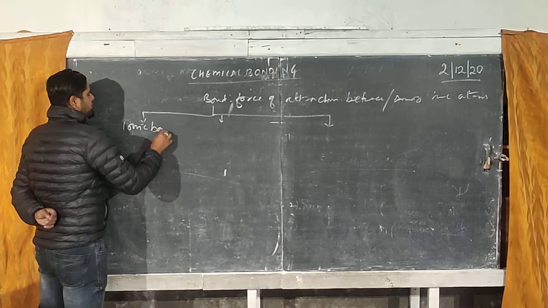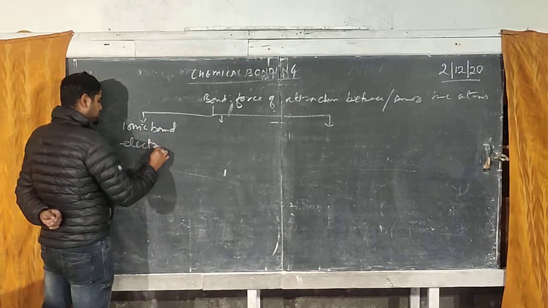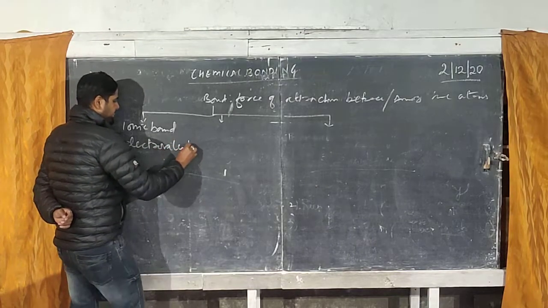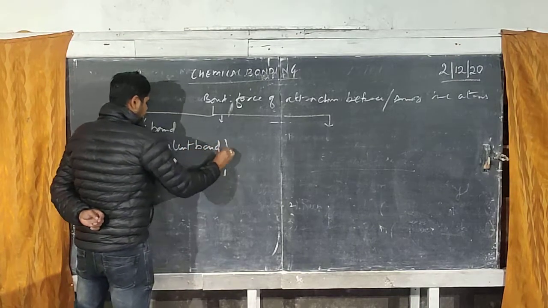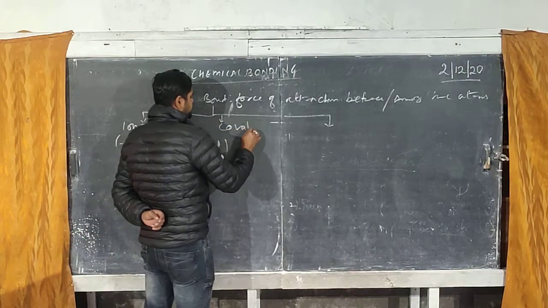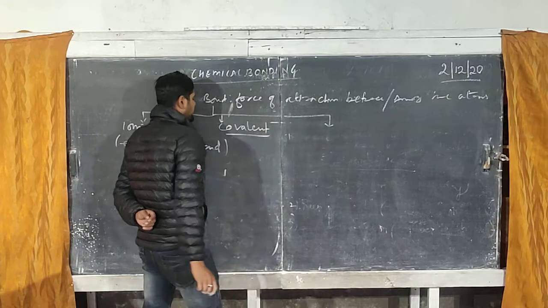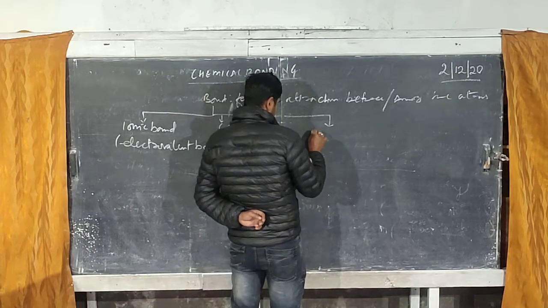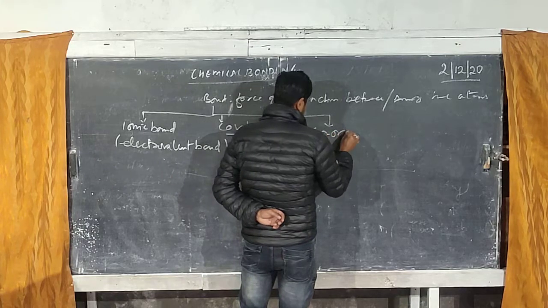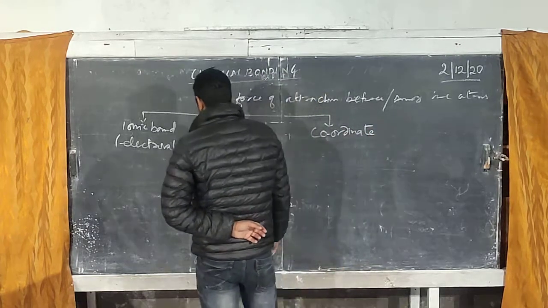Ionic bond, or you can call it electrovalent bond. Ionic or electrovalent. Next is covalent bond, and last one is coordinate bond.